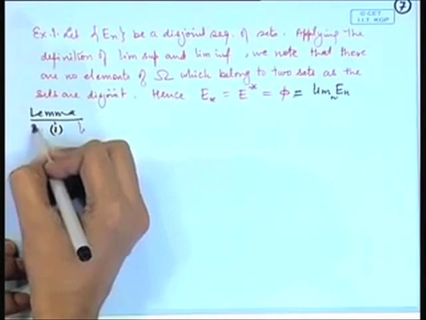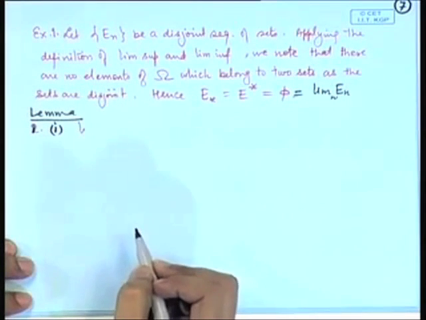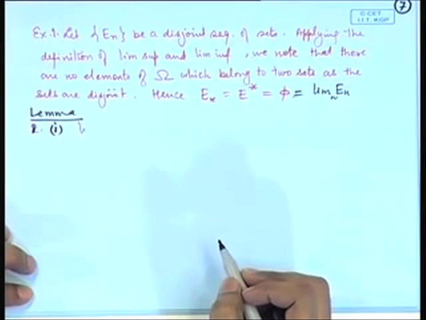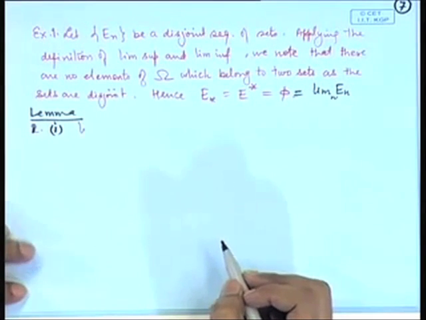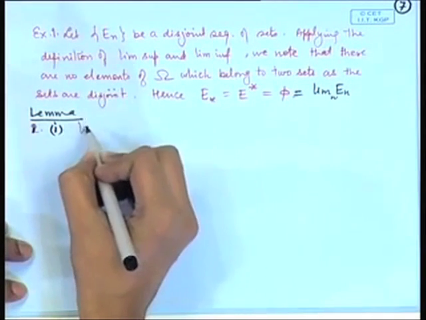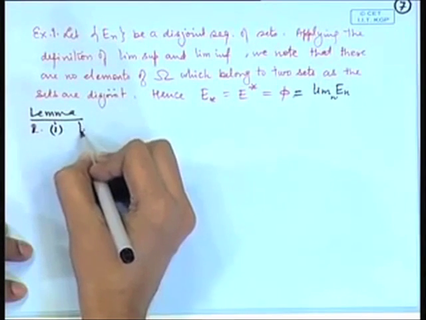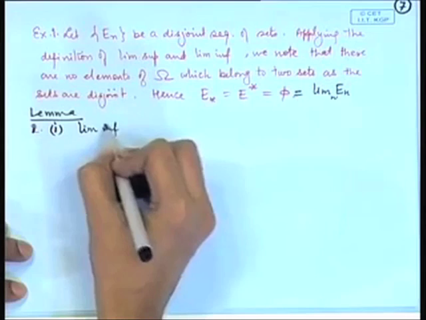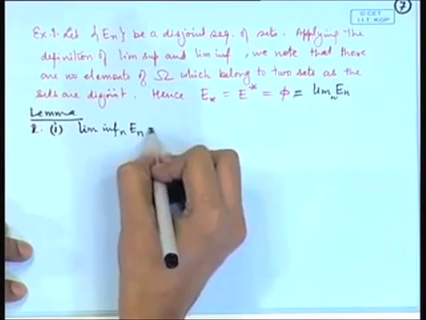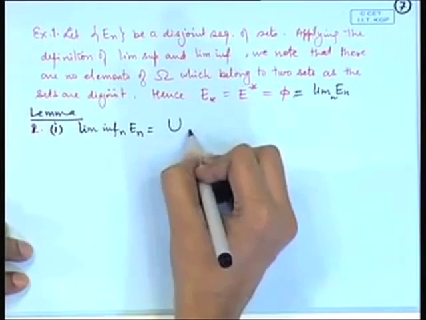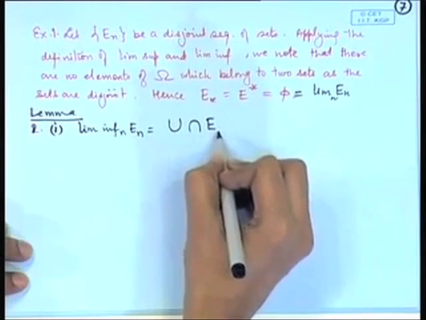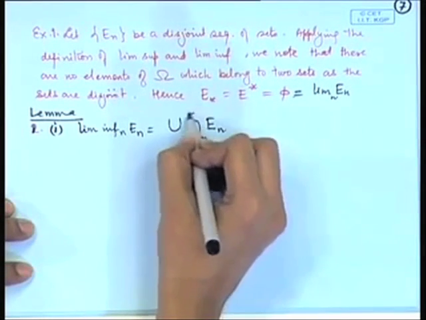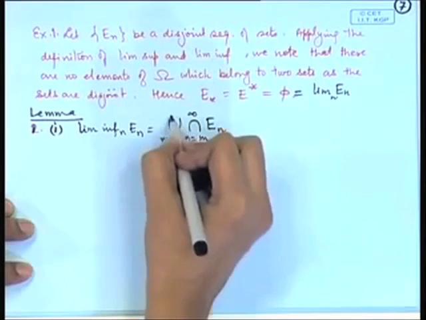In order to derive the limit inferior and limit superior using mathematical arguments, one may look for alternative representations for these sets. For example, limit inferior can be written as union intersection En, n is equal to m to infinity, and m is equal to 1 to infinity.